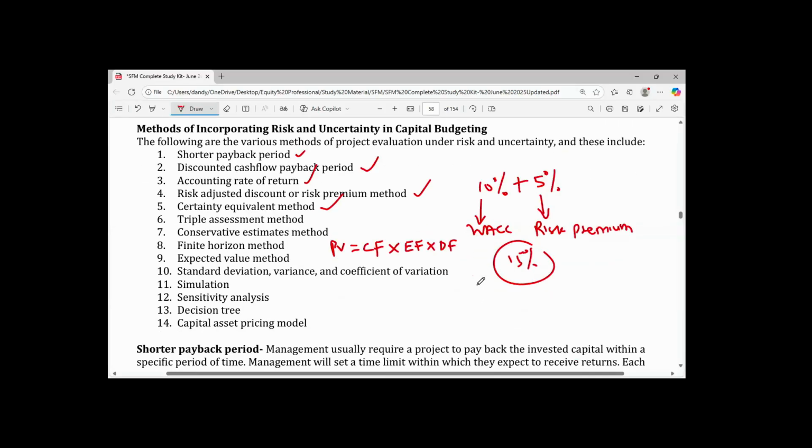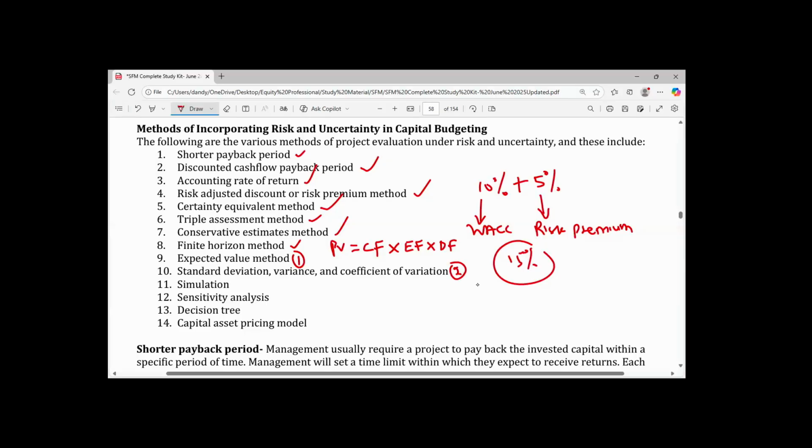Of course, we also have the triple assessment method. We have conservative estimates. We have finite horizon. We have expected value. We are going to discuss that, very common in ICAN. Then another method is standard deviation, variance, and coefficient of variation. Again, we are going to discuss this.